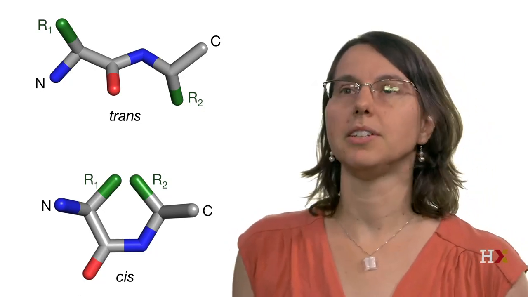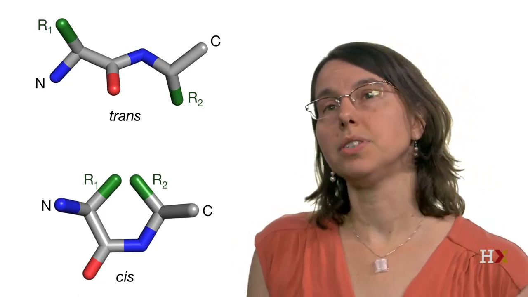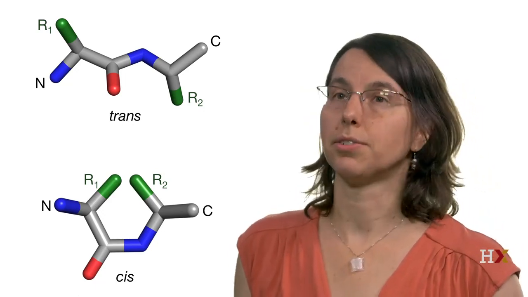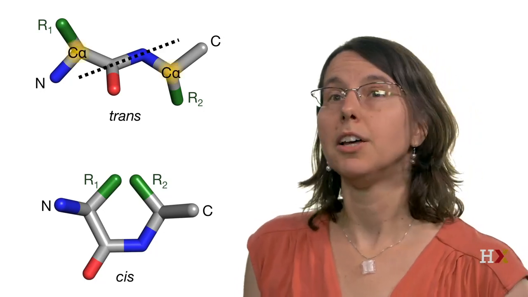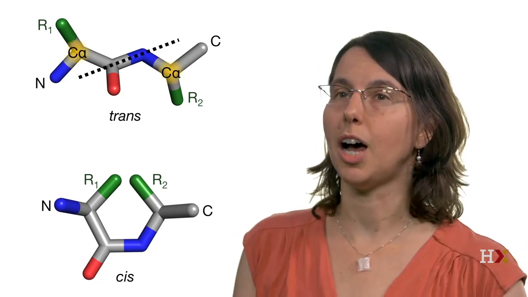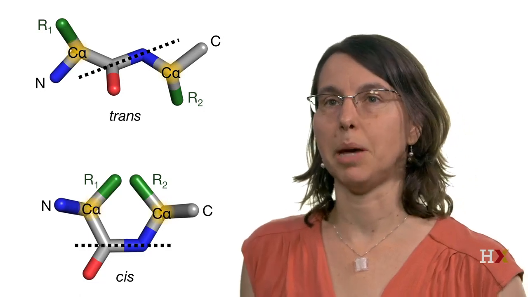I'm talking about the dihedral angle, which states the position of the 2 C-alpha atoms that are linked through that peptide bond. In the trans conformation shown here at the top, the 2 C-alpha atoms are on opposite sides of the peptide bond, whereas in the cis conformation, they're on the same side of the peptide bond.